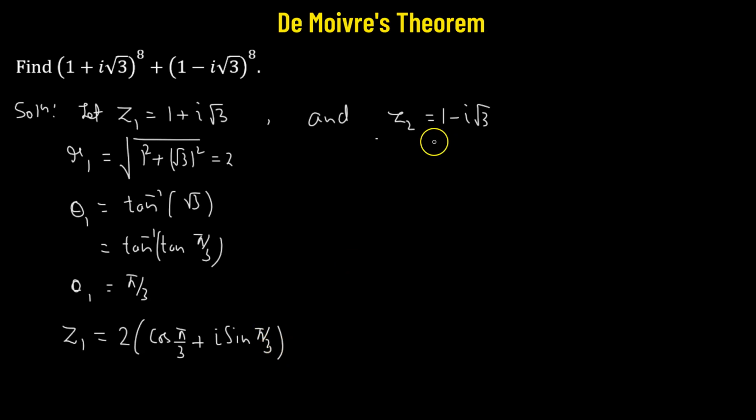Now coming to the second complex number z2, here our r2 value will be equal to, underneath the square root, we'll take the real part, square it, and add it to the square of the imaginary part, which is also going to give us the value 2.